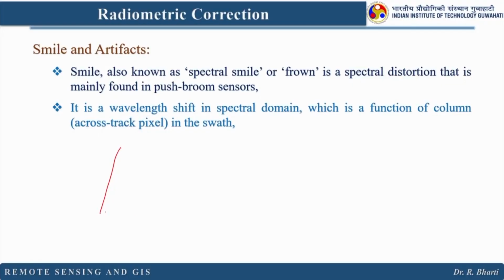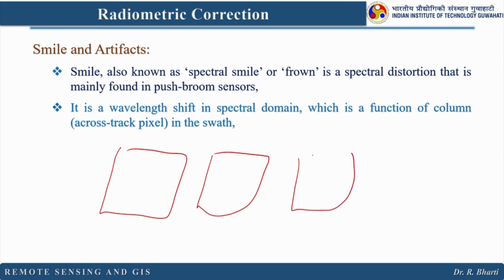Now let me explain in terms of image. So you have, let me say, 3 images, and this particular pixel we will consider here. Let us say this is 0.4 micrometer, this is 0.6, this is 0.8.